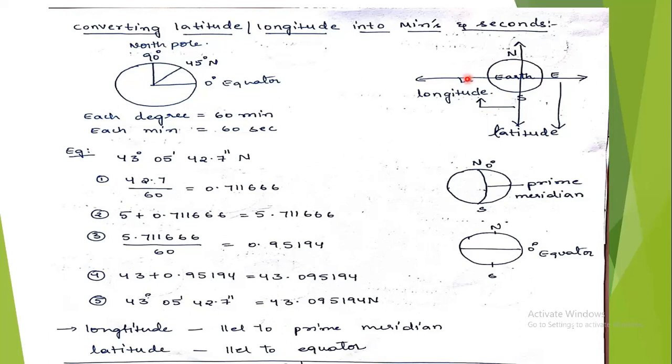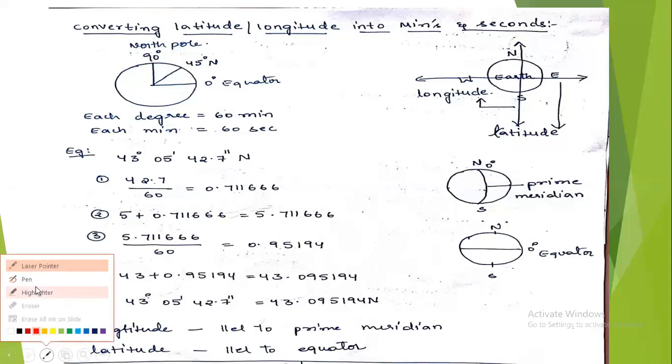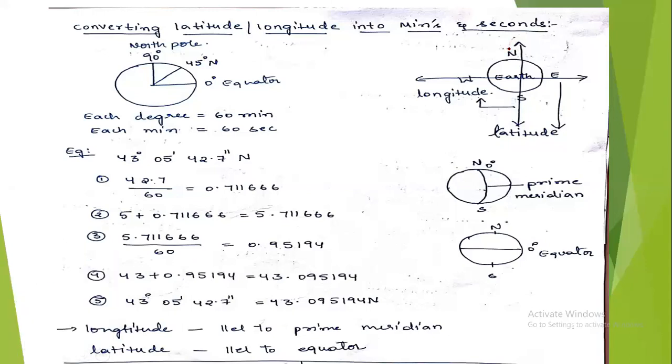The lines that are drawn vertically are called longitudes, and the lines that are drawn horizontally are called latitudes. These are longitudes, and for our convenience we divide the Earth into longitudes.